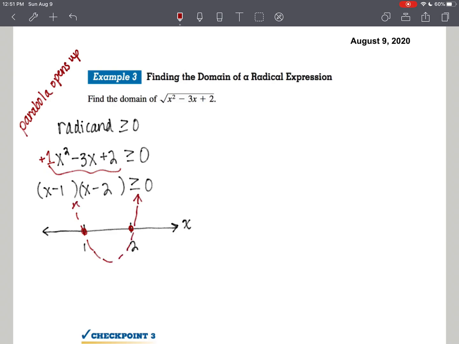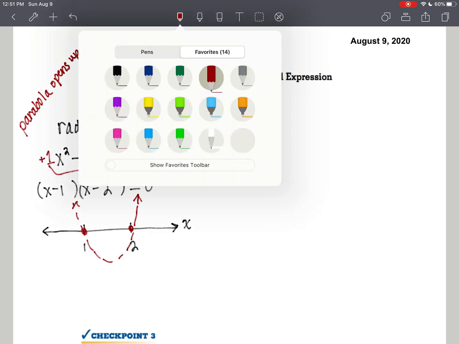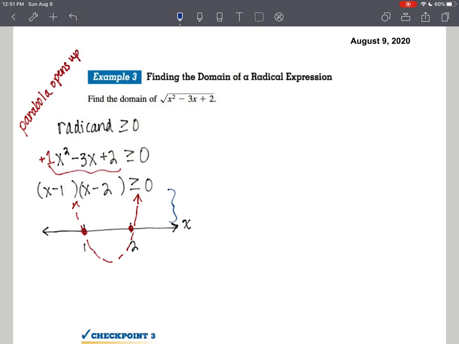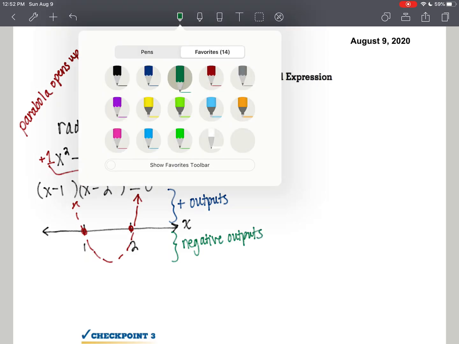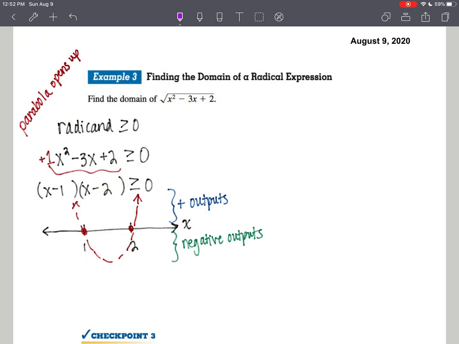So above the x-axis is where I'm going to have positive outputs, and below the x-axis is where I will have negative outputs. And on the x-axis is where I will have outputs of 0.